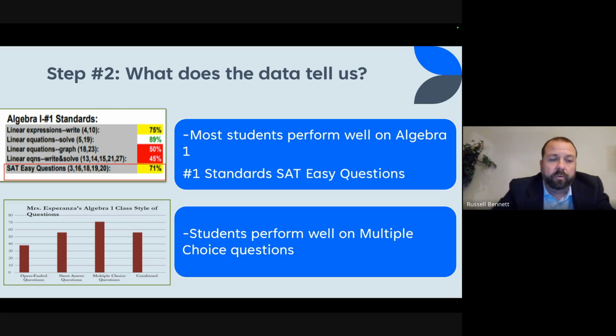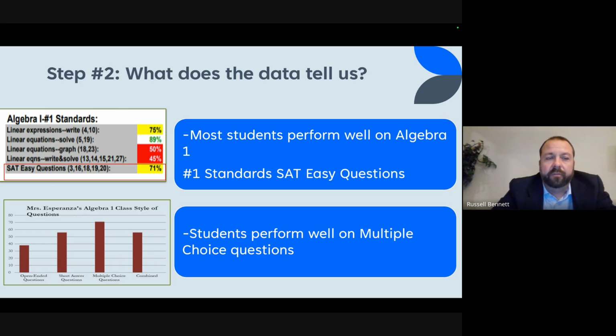Looking down at the multiple choice, you can kind of see that right at 70% scored well on the multiple choice style questions, but you can still look at linear equations and graphs in the write and solve. There's a big gap in the expressions and the equations piece there.